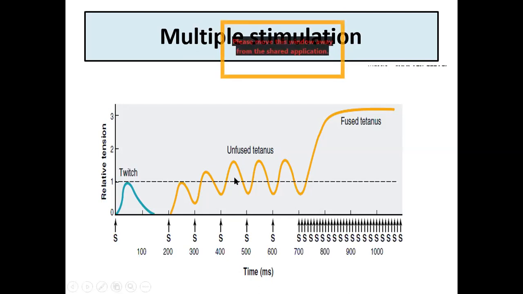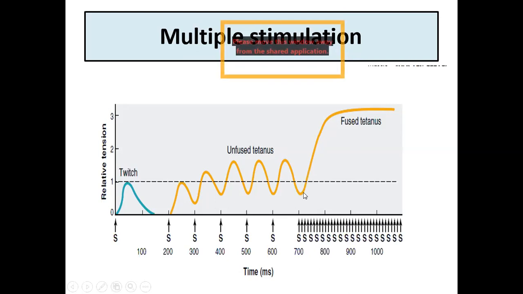Okay, so we give multiple stimuli here, and if you observe at the extreme right, where so many stimuli are given, the frequency is increased to such an extent that the next stimulus falls during the contraction period. What do you observe here? Is there relaxation?